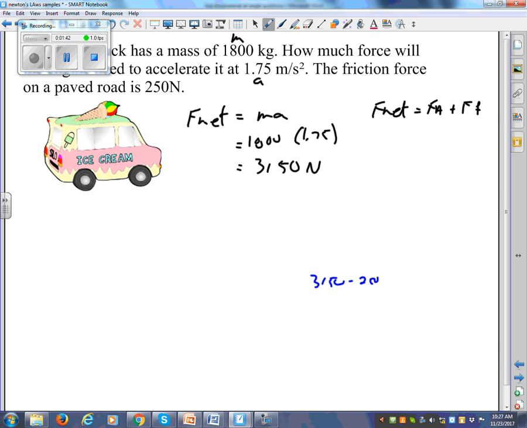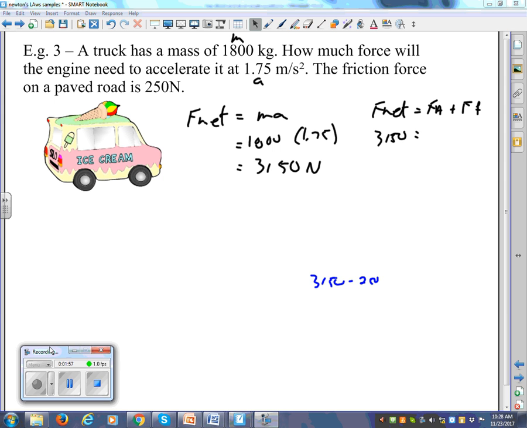And how much is the net force? 3150. You see how you put the number right underneath the F net? Right? And what are we solving for? How much force will the engine need to accelerate? We are solving for FA, right? And the friction force is going to be plus minus 250.